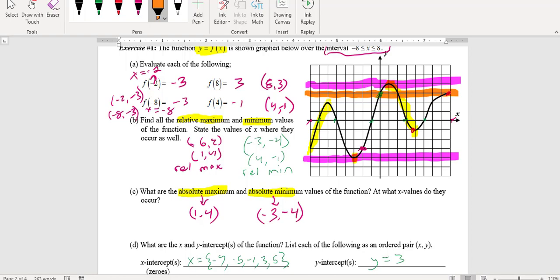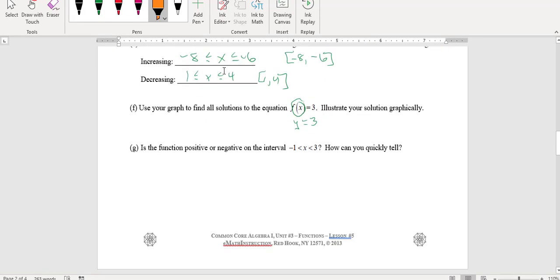What x values do that? Looks like it's when x is 0, when x is 2, and when x is 8. So this one would be x equals 0, 2, and 8.